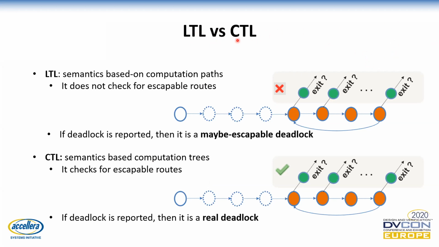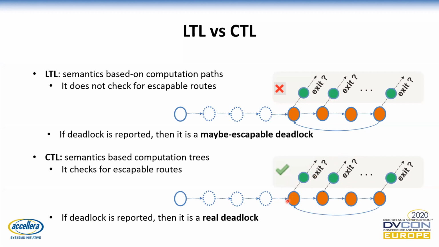There is a fundamental difference in that CTL is based on trees and not on paths, which means if we find a loop as a candidate, as maybe an escapable deadlock, per semantic, the tool is forced to prove if there are escapable routes, if it is possible to go out.